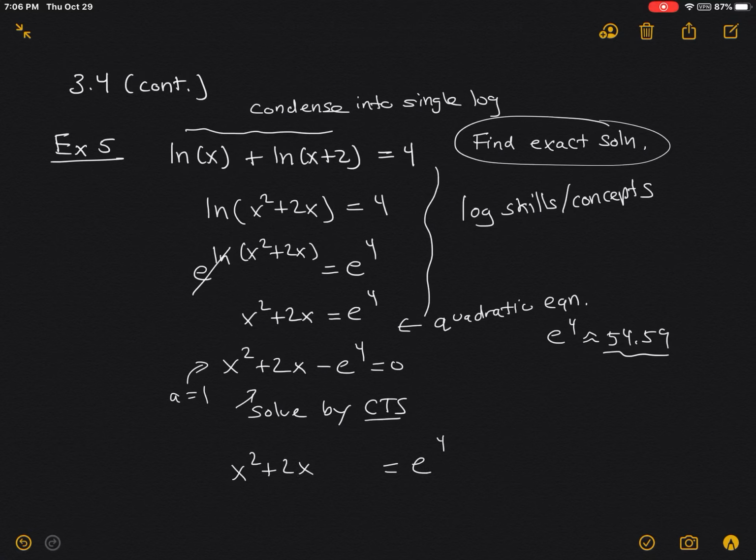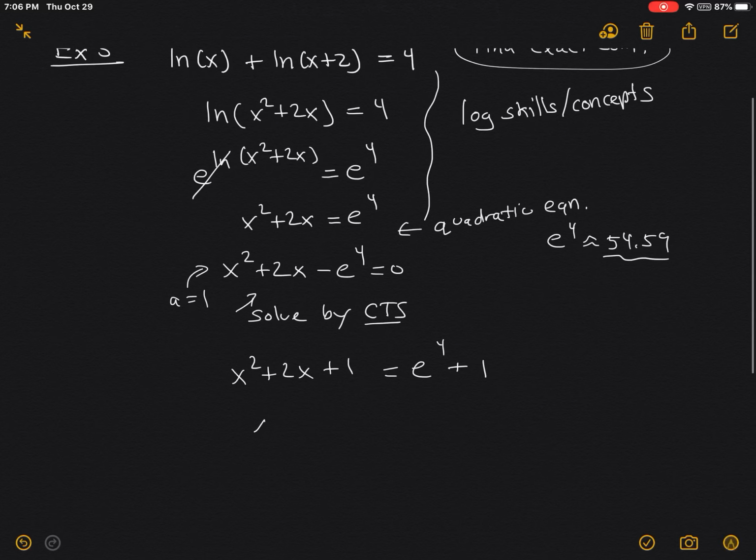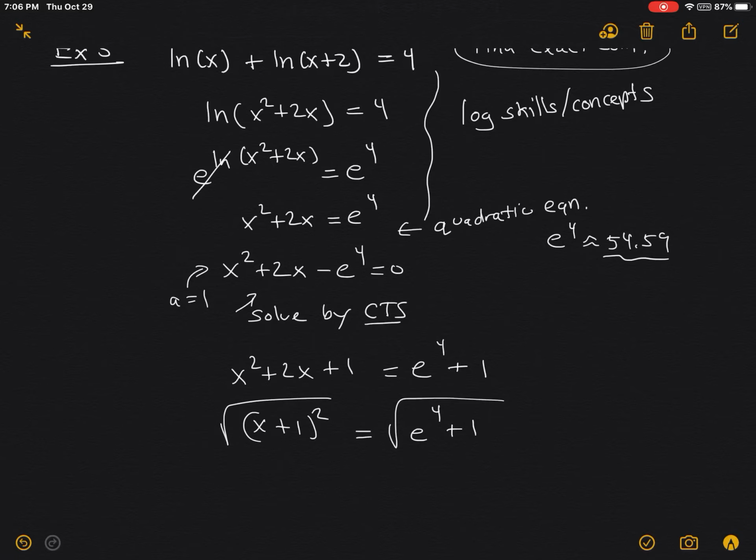So what I'm going to do right now is simply move this e to the fourth to this side, and then complete the square. 2 divided by 2 is 1. 1 squared is 1. Whatever I do to the left, I do to the right. And now this is x plus 1 quantity squared is equal to e to the fourth plus 1.